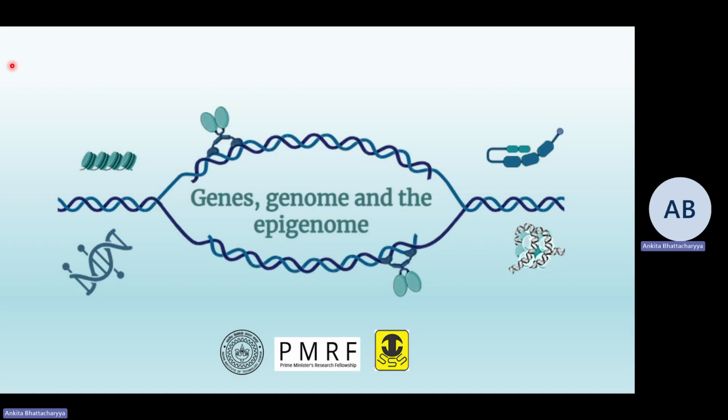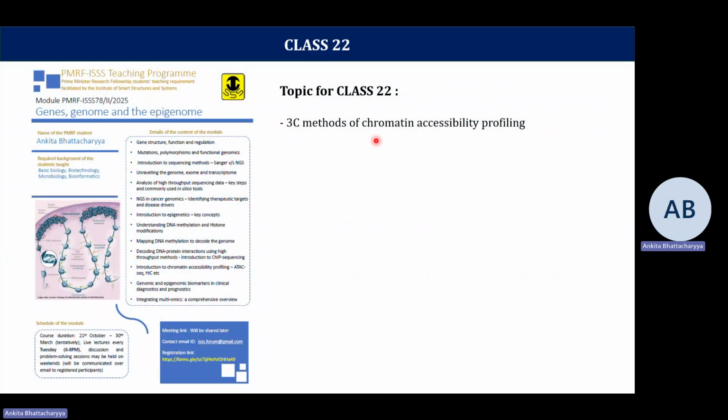Next, we will move on to our discussion for today. What we are looking forward to today are advanced techniques for understanding gene regulation and the chromatin surrounding a gene.